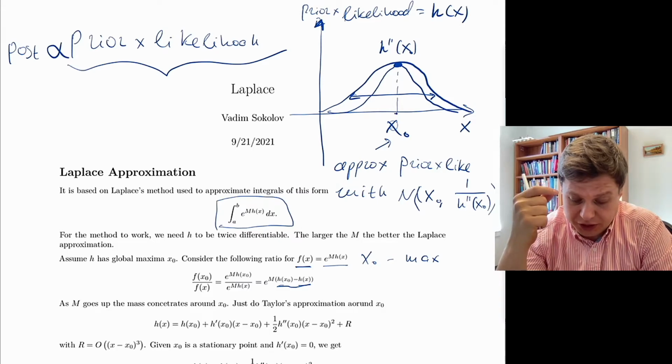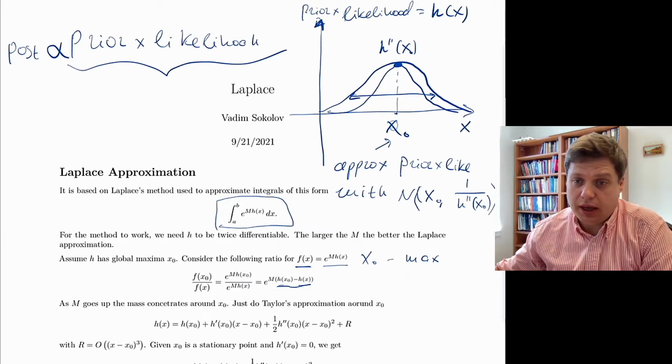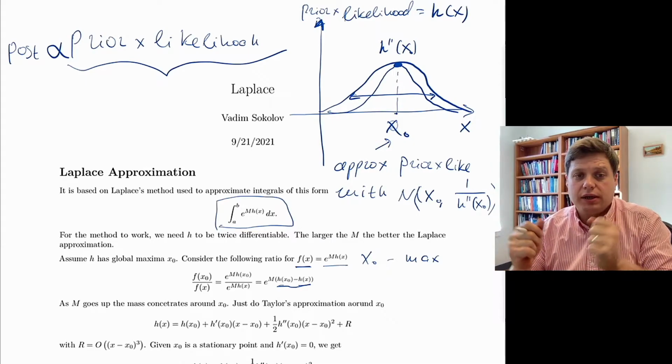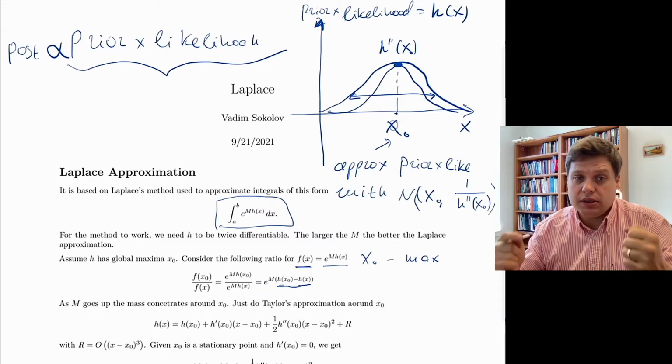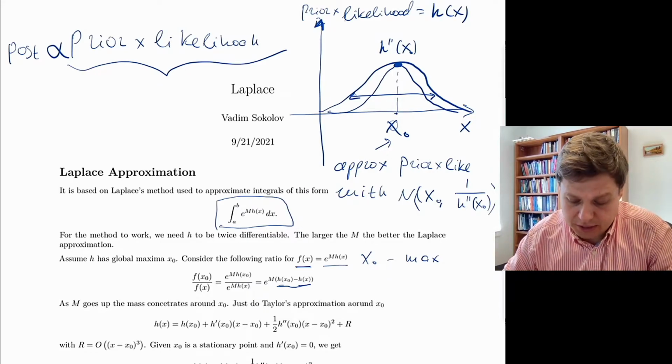So the ratio goes up as x moves away from x0. Or in other words, we can say that the mass concentrates around x0. And the larger M is, the stronger this concentration.